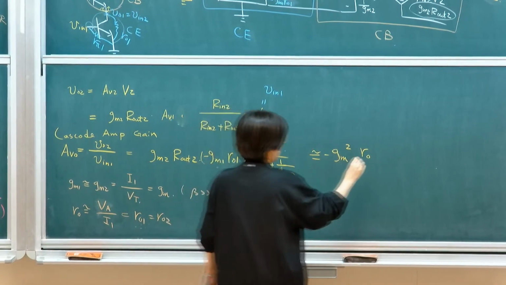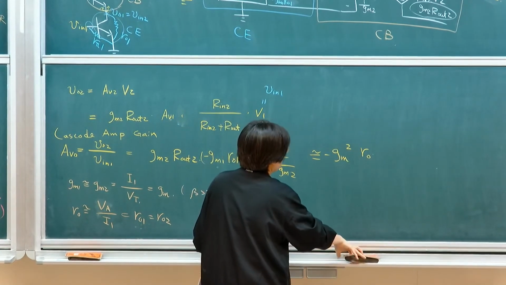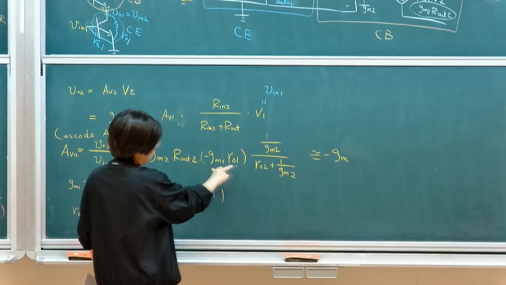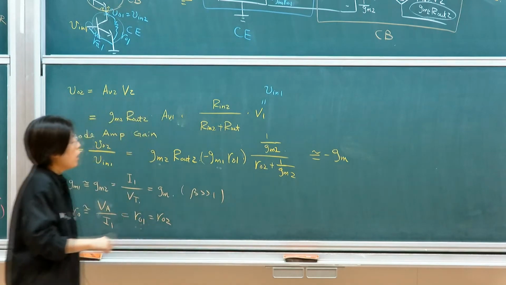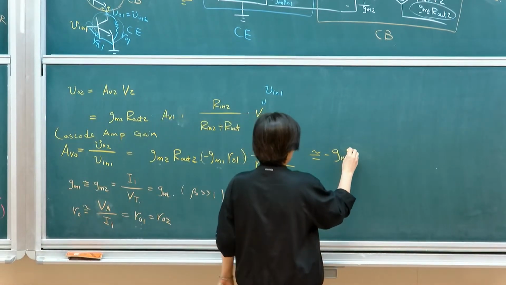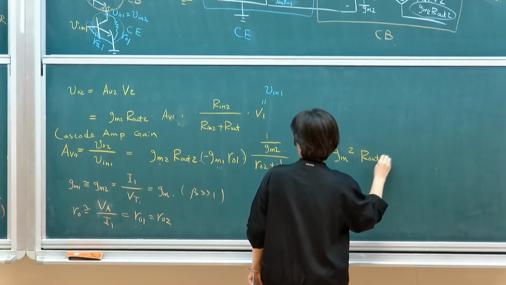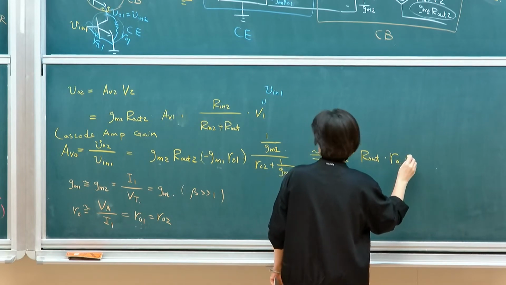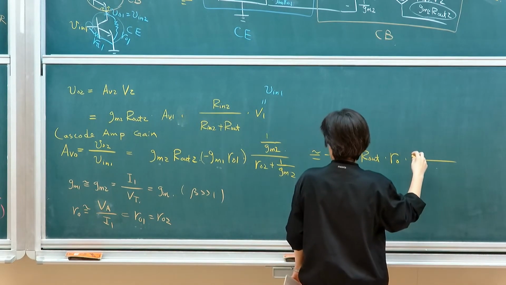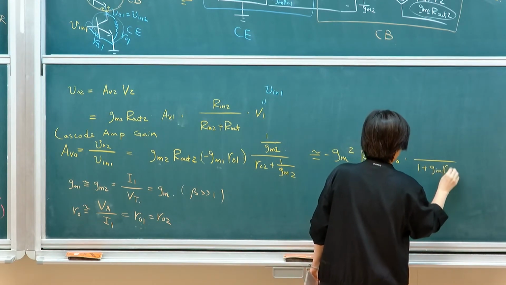So there will be gm squared R out 1 RO times, let me think, 1 plus gm RO.